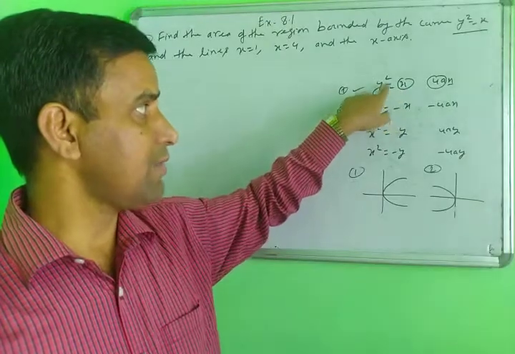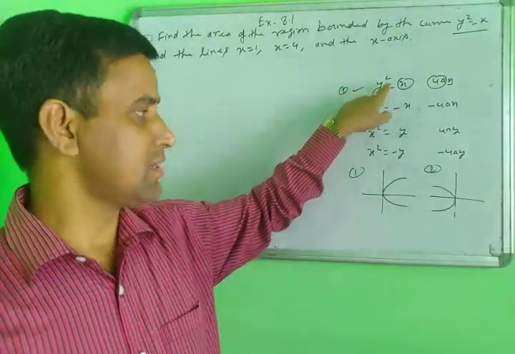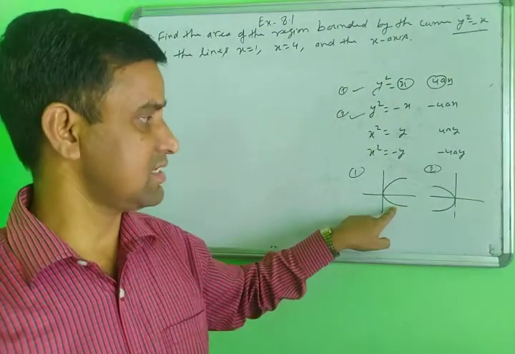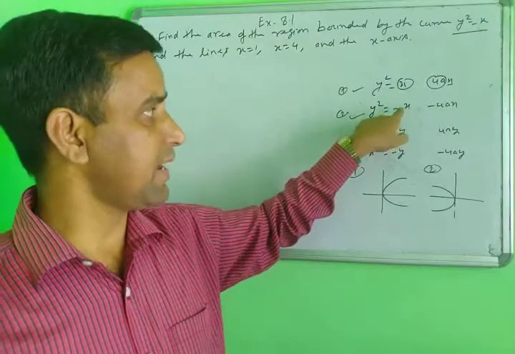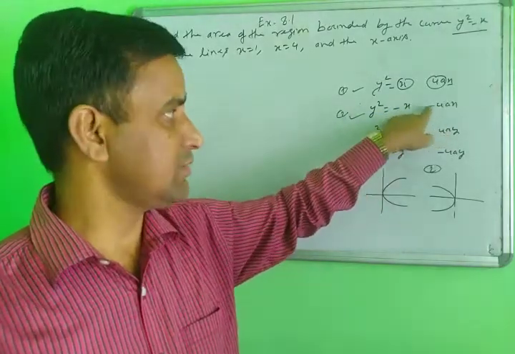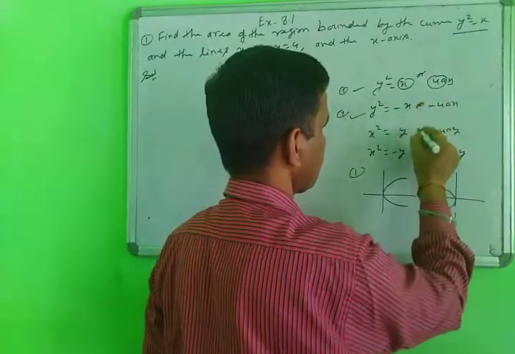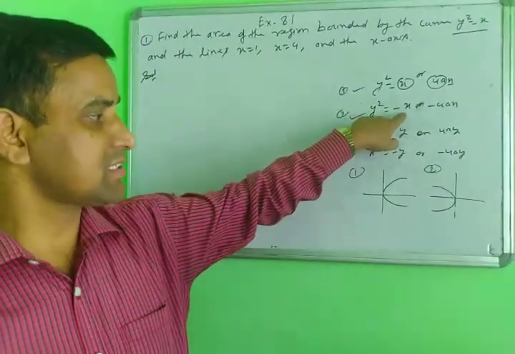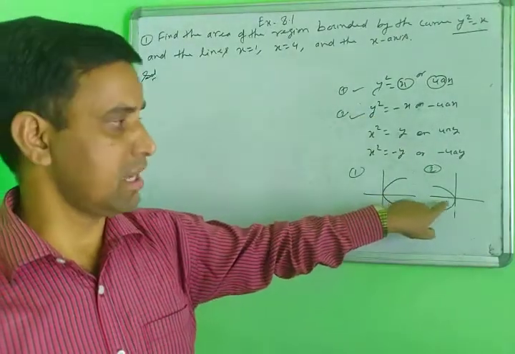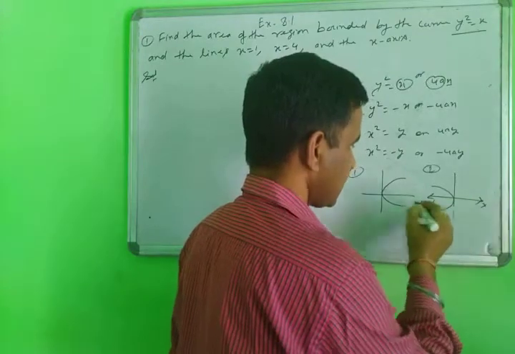Since y has the even power 2, the parabola is symmetrical about the x-axis. Second, y square equal to minus x is the same thing, drawn in the opposite direction of the x-axis.